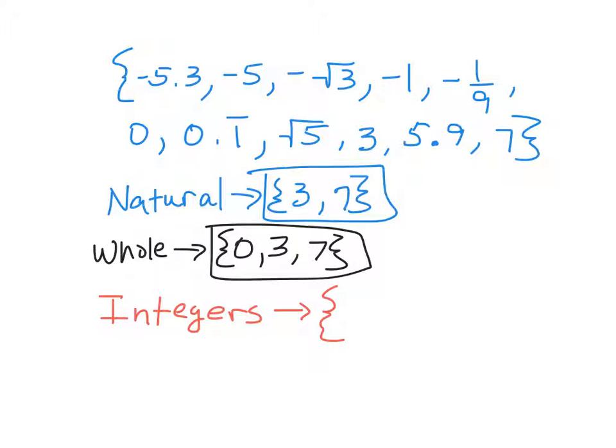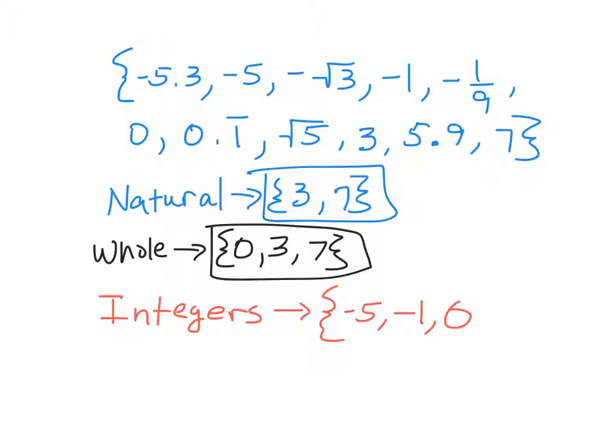Yes. Negative the square root of 3. No. Why? It's irrational. You're right. Negative 1. Yes. Negative 1/9. Why not? Good. 0.